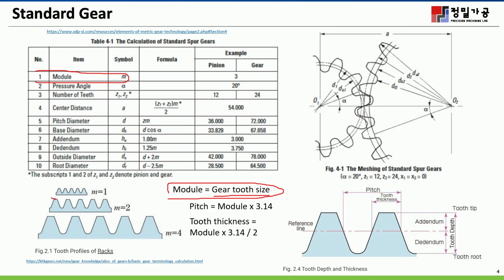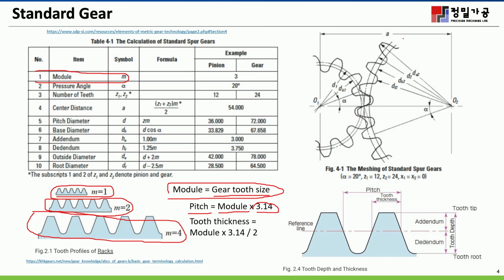A small gear we call module 1, a bigger one module 2, and a bigger one maybe module 4. Each module determines the spacing between the teeth, and the pitch is module multiplied by pi.